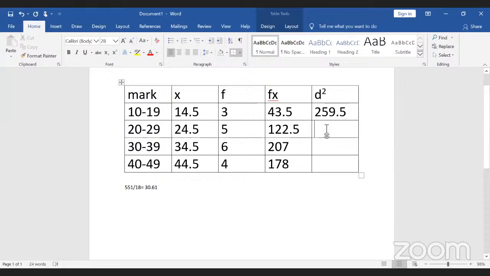In the next row, we have 24.5 as our mark. That is our x. So we ask ourselves again, how far away from the mean is that 24.5? Because the 24.5 represents the whole of the class 20 to 29. So how far away from 30.61 is 24.5?